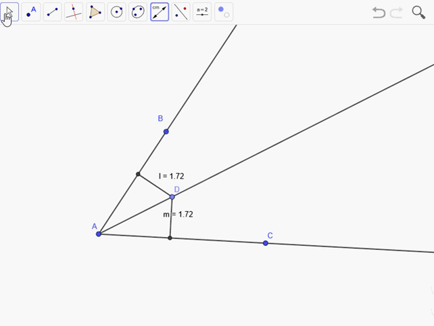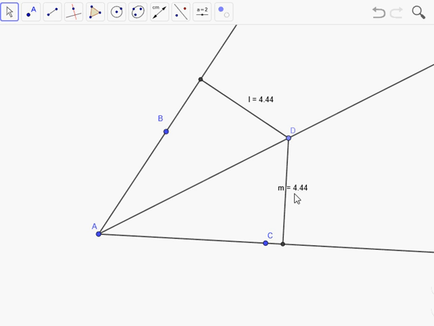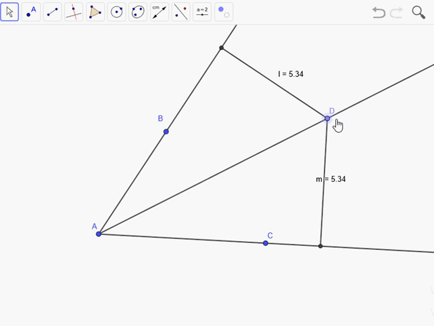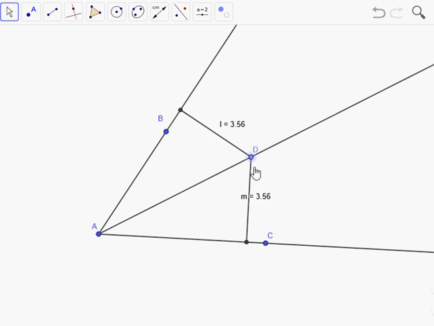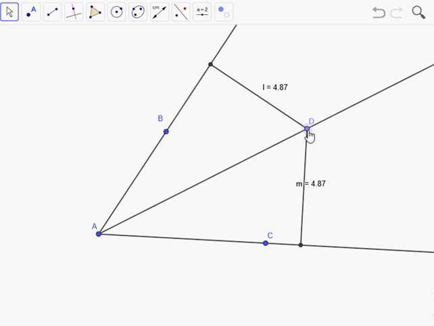And that happens anywhere on that bisector. As I move point D along, point D is getting further from each of the sides of the angle, but it is always the same distance from both sides of the angle. So any point on an angle bisector is the same distance from both sides of that angle.